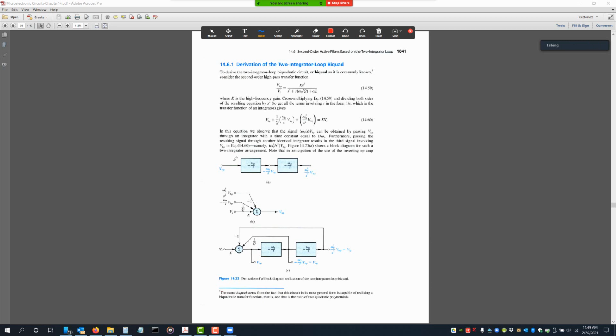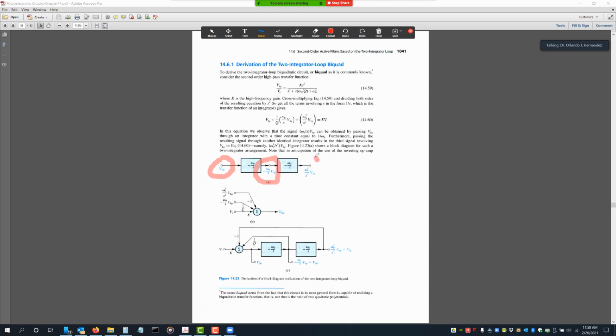Okay? So here, at the input of the first one, we're going to have the high pass response. If we call that the high pass response, then if we integrate that, we get this term in terms of the high pass response.